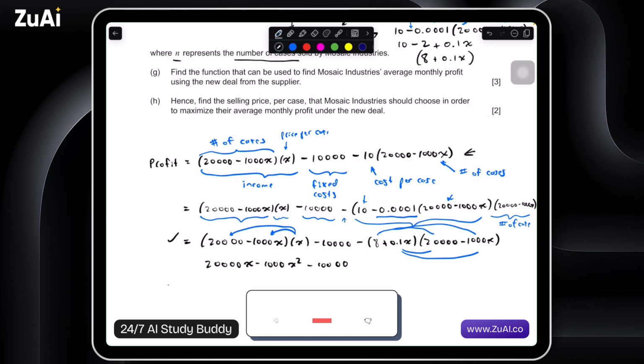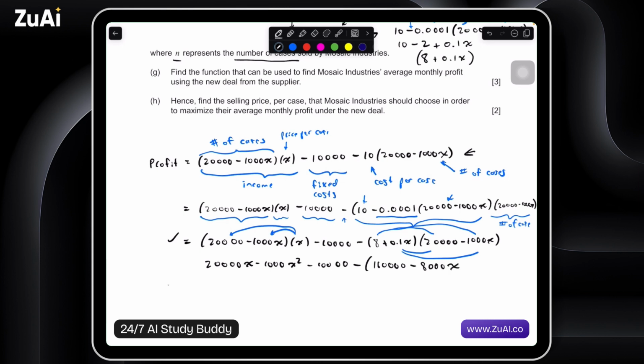So 8 times 20,000, ooh, I'm starting to have second thoughts here. 8 times 20,000 would be 160,000. 8 times negative 1,000 is going to be negative 8,000x.